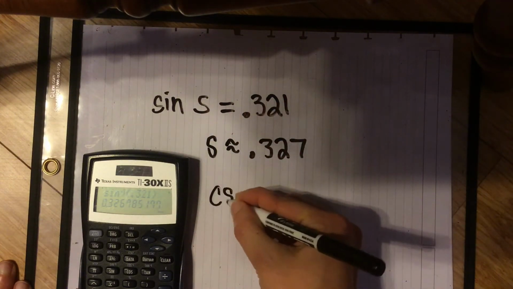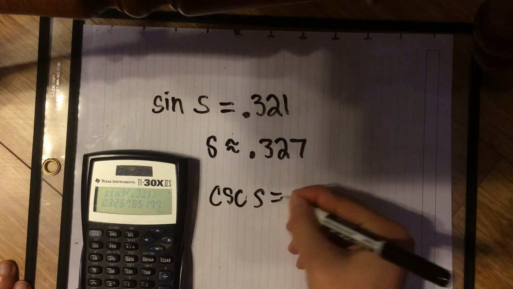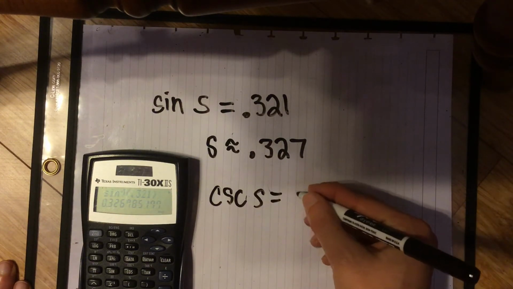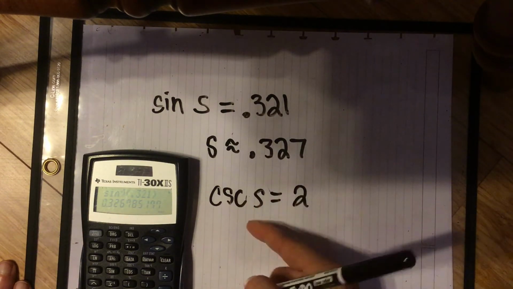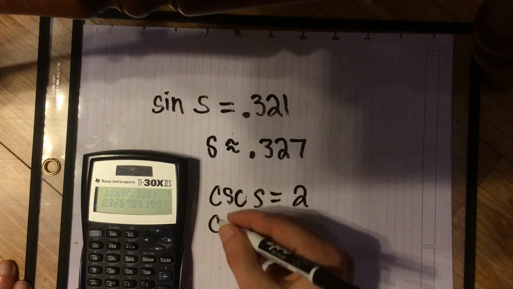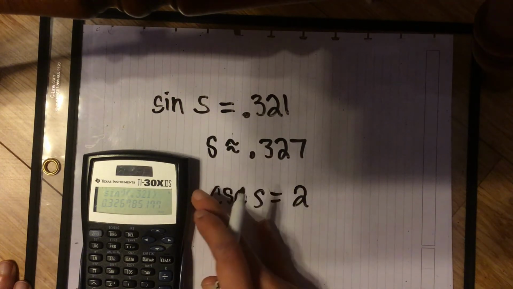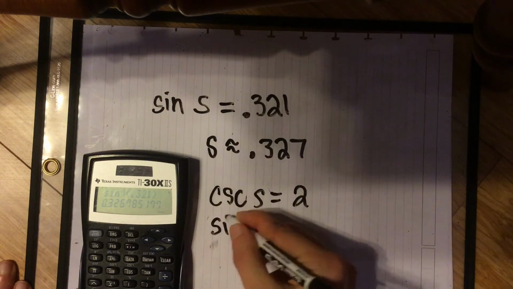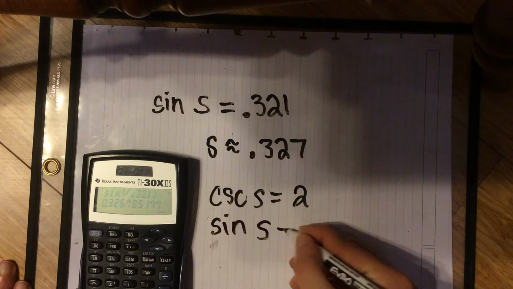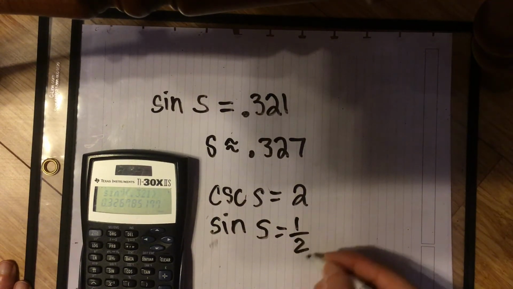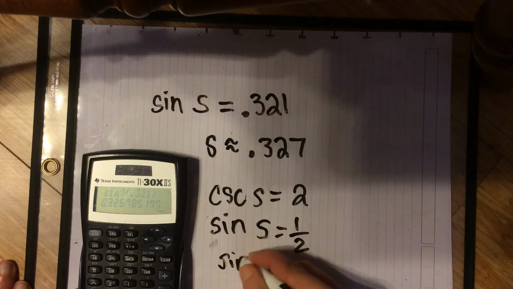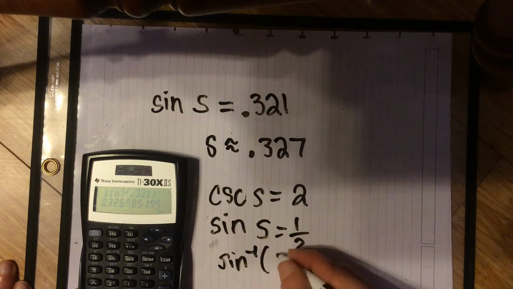Say you wanted the arc that has a cosecant value of 2. Sometimes people still get confused going backwards here. Make sure you change it back to the trig function that's in your calculator first. So you could do sine of s would be 1 over 2, and then you could do arc sine of that.